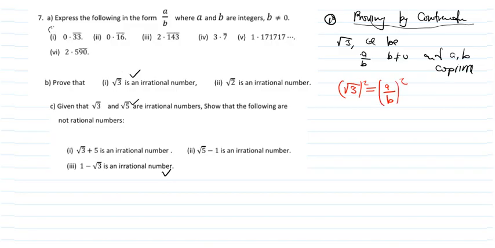So that will be 3 there. Once you square that, that will be a squared over b squared. Then from there, this means that a squared is equal to 3b squared. Okay, alright.